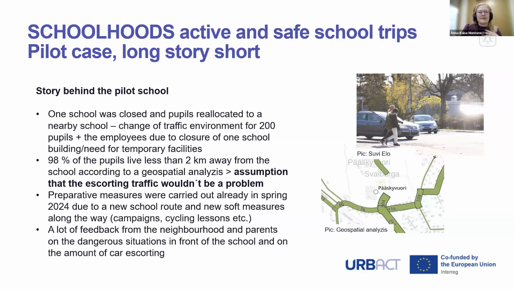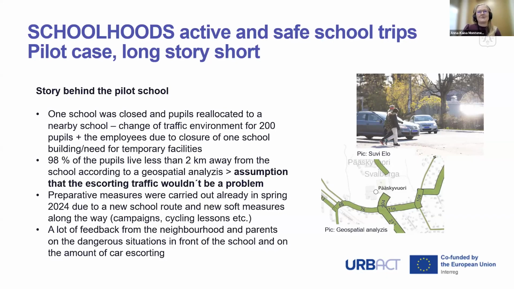We also had some pre-data. We did some geospatial analysis, and we figured out that almost all of the pupils live less than 2 kilometers away from the school. So we could make the assumption that the escorting traffic wouldn't be a problem. But we proved ourselves wrong as the school started.